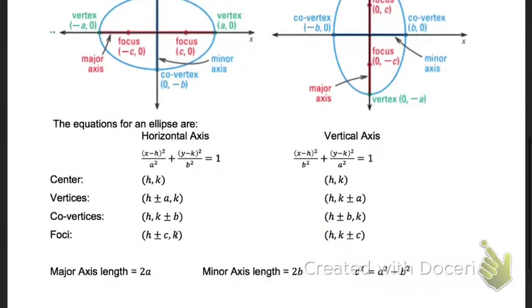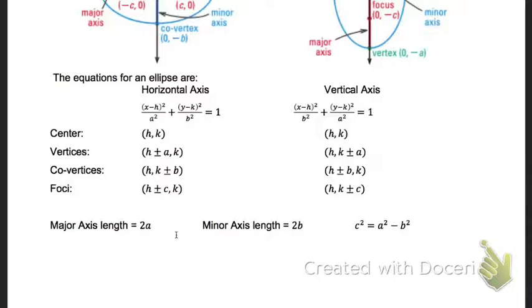Now, all of these right here, we can cross out the foci. So cross that out. We also don't need this. I would say to memorize this, however, I think it's more intuitive to just look at the picture and understand it than get caught up in the h plus or minus b, k plus or minus a, all of these things.